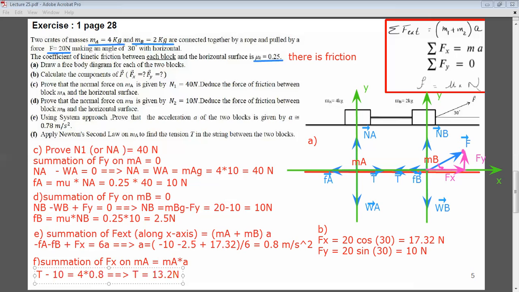Okay, so we use the system approach in order to get the acceleration. See how easy it is. And then I apply Newton's second law on either the first object or the second object to get the tension. I can solve it on MB, and I should get the same answer.